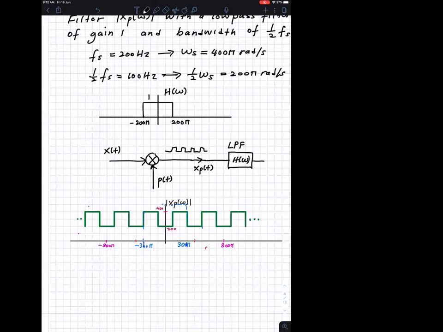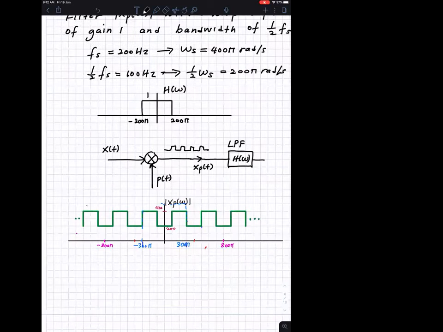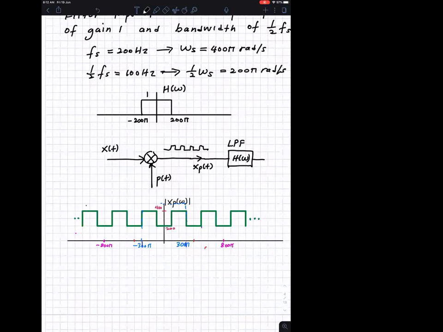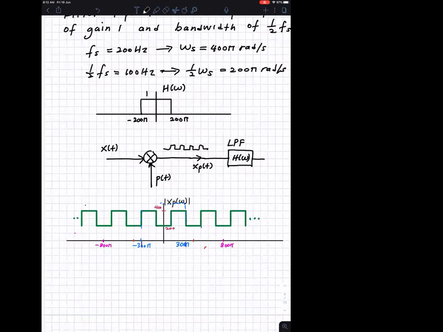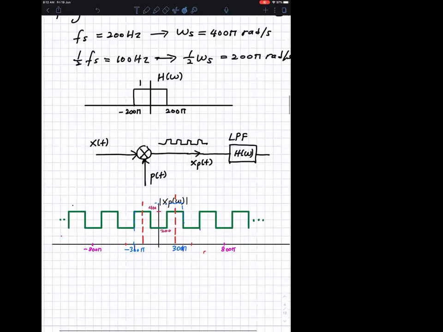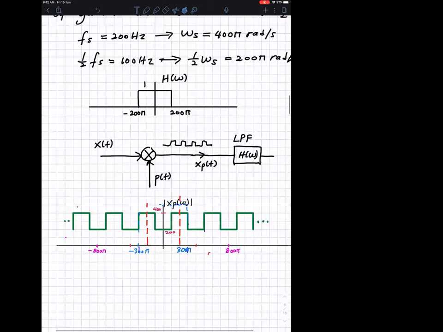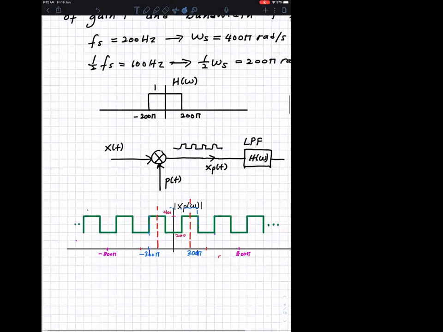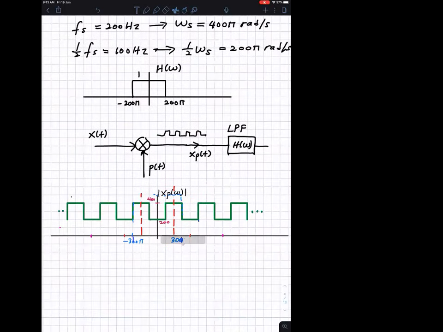After filtering, this filter is going to have a cutoff frequency of plus minus 200 pi.